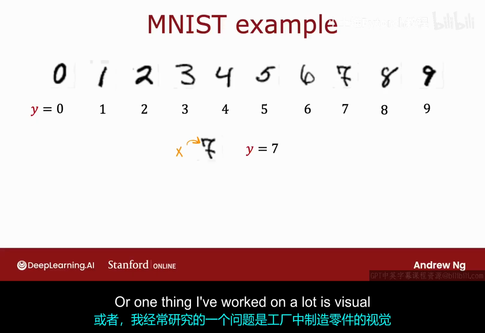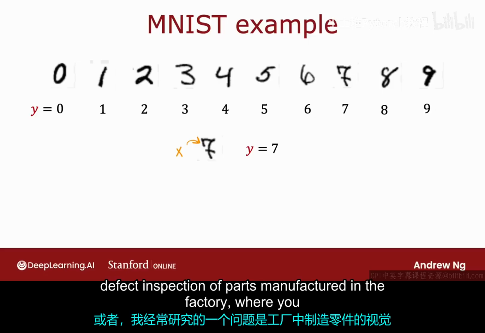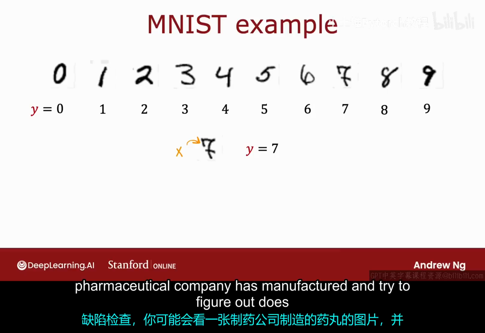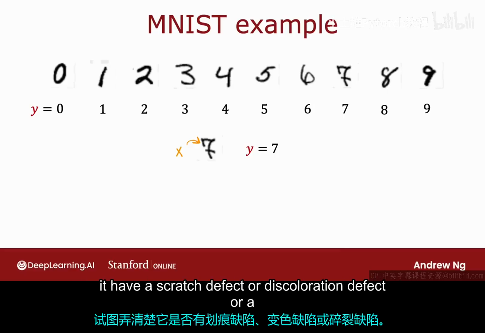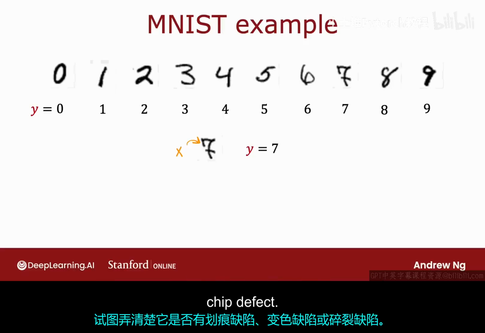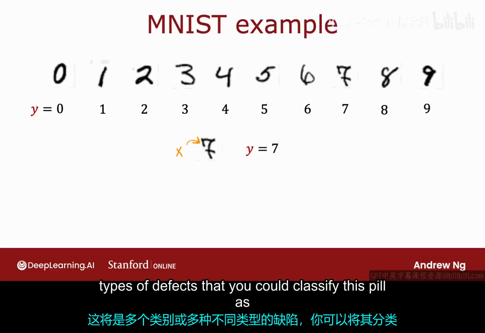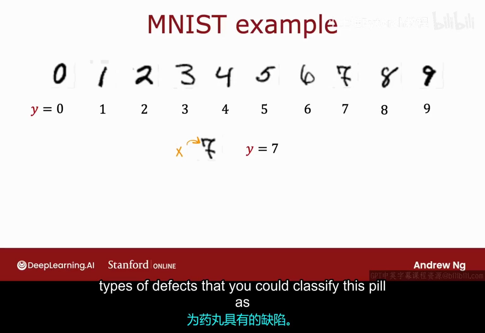Or one thing I've worked on a lot is visual defect inspection of parts manufactured in a factory, where you might look at a picture of a pill that a pharmaceutical company has manufactured and try to figure out, does it have a scratch defect or discoloration defect or a chip defect? And this would again be multiple classes or multiple different types of defects that you could classify this pill as having.